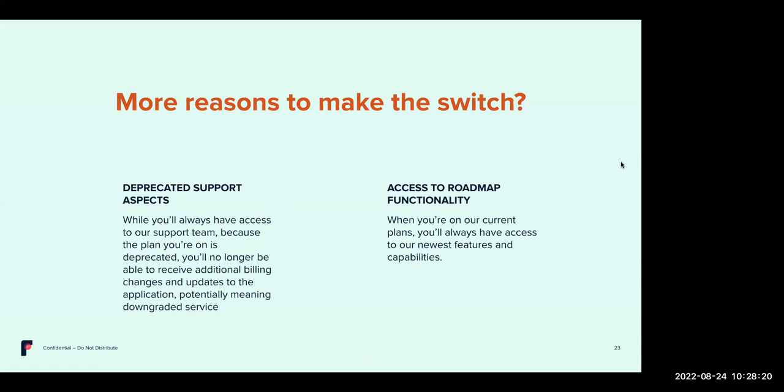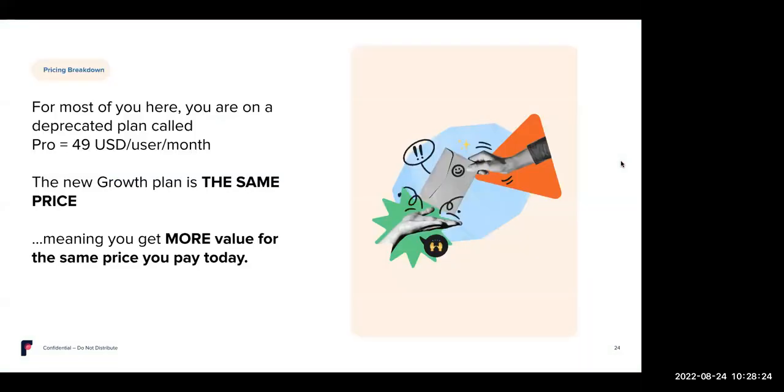And now I think maybe the moment that many of you are waiting for is: how do I switch and save money? Well, for most of you, the new growth plan is exactly the same price. I'm going to repeat that again. Everything that I just covered, this plan is probably the same price.